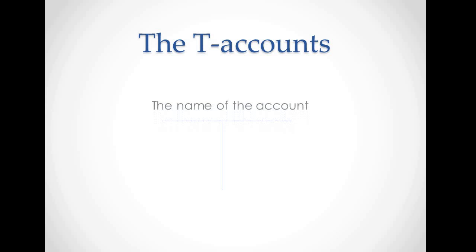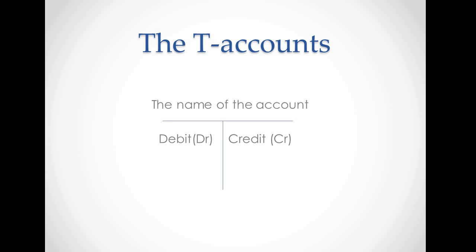On the top of each account, we always have the name of the account. And here I will introduce two main concepts in accounting, which are debit and credit. On the left hand side of the T account, we'll always have debit, and on the right hand side of the T account, we'll always have credit.